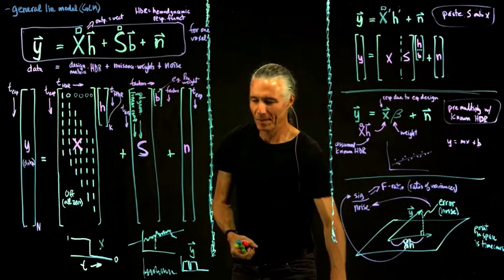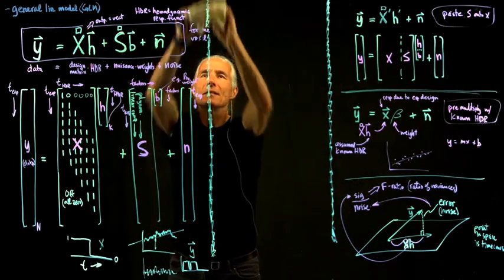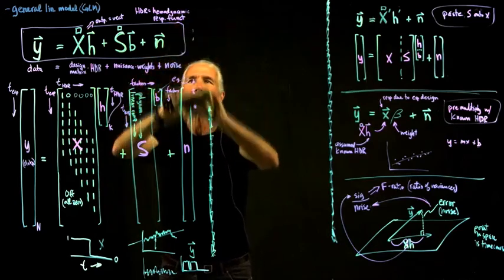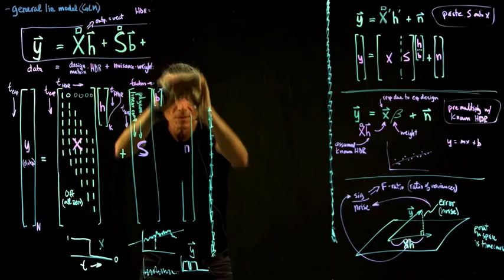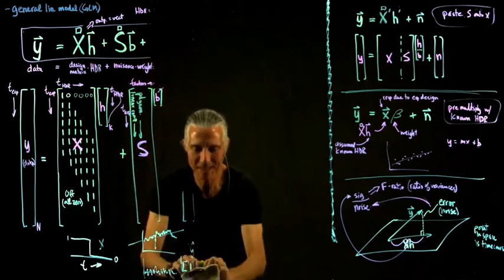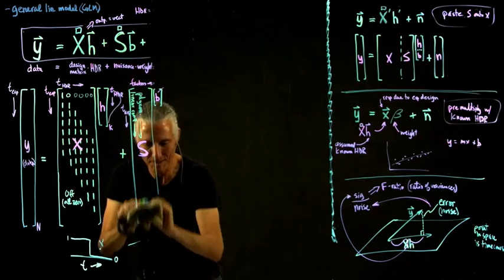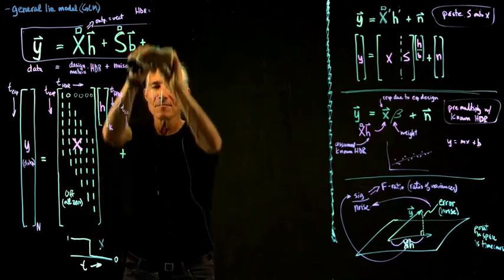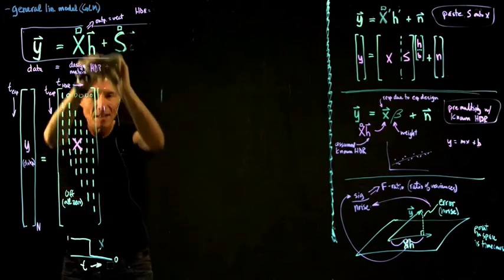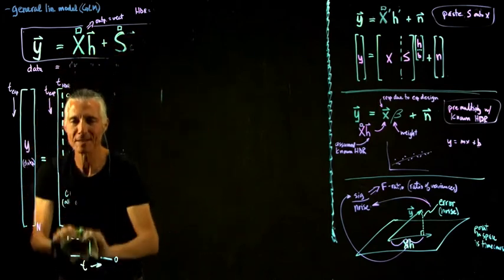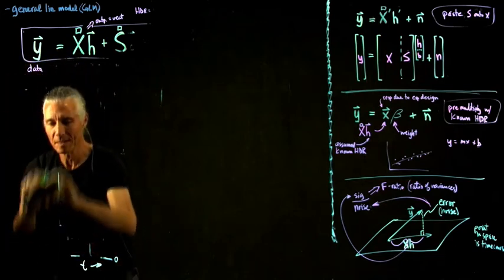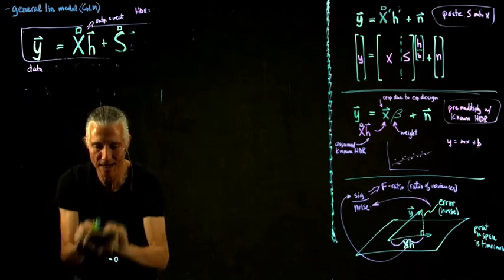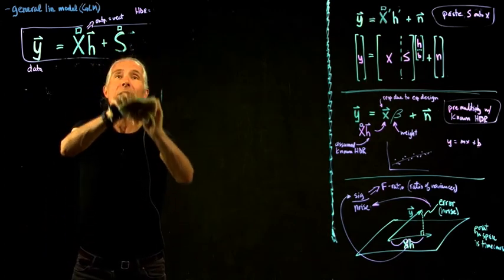Let me erase this guy. So where do those spaces come from? Let's make that as concrete as possible. They come from the columns of the design matrix. So why the columns? Remember, the columns are the time points.